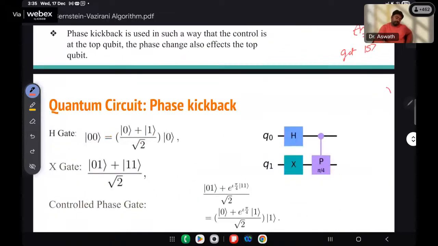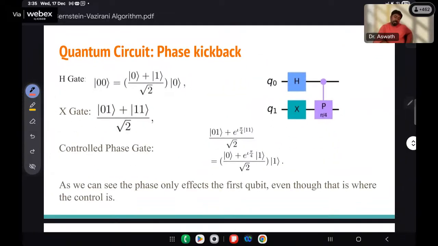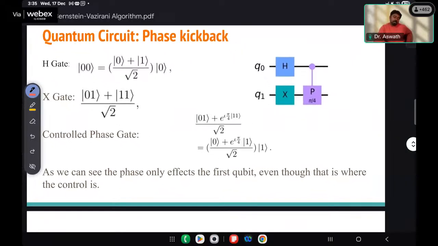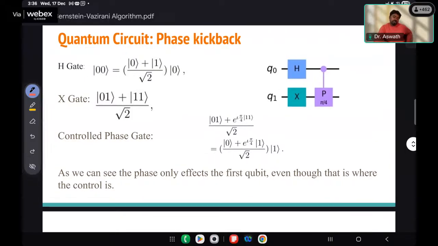Okay, now like I was telling you earlier, one example for a case of phase kickback I want you to see. So what is this phase kickback? Let's say I have a zero ket at the bottom. I use a Hadamard gate.